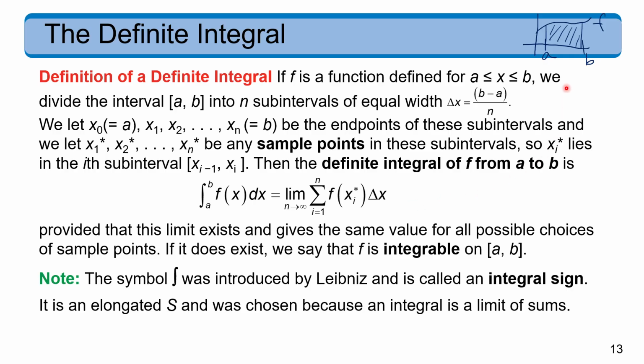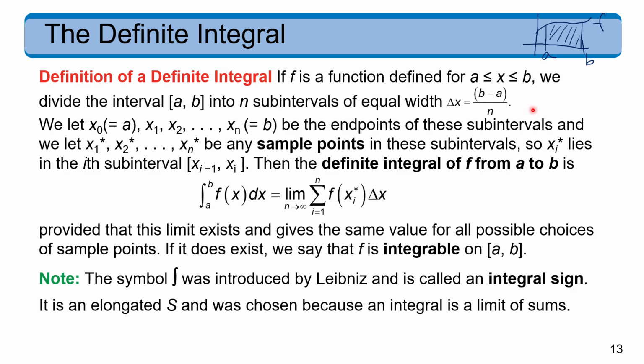Now all of this should be familiar because we discussed most of these, I think all of these ideas, in the last section when we developed this formula here. So f is our function. We're looking on an x interval from a to b. We divide that into n subintervals of equal width. We saw this formula earlier.